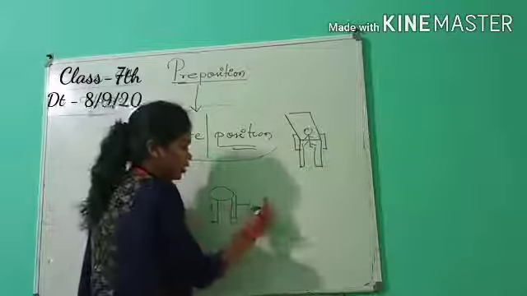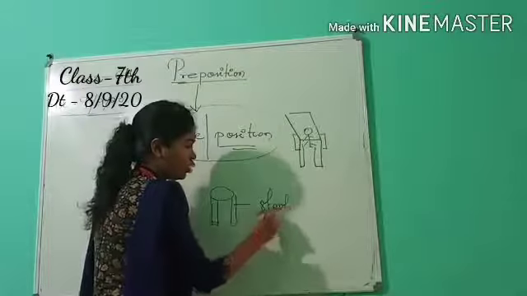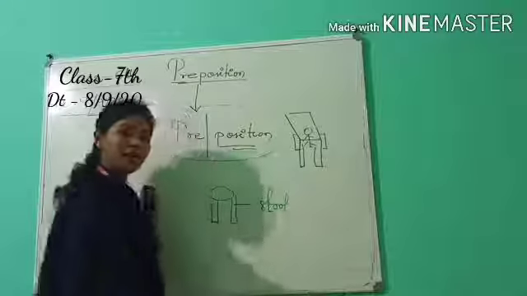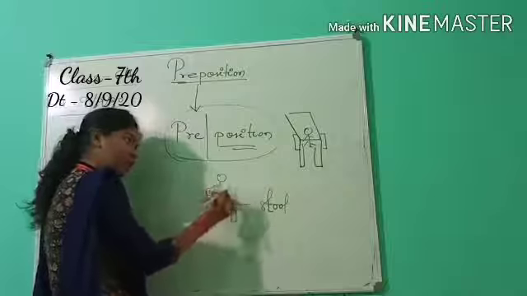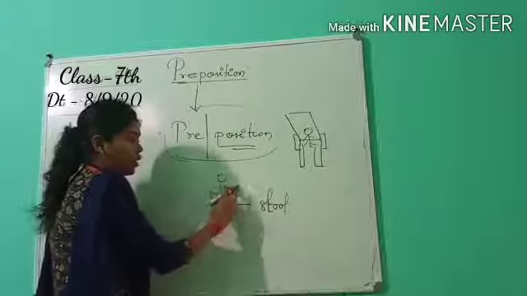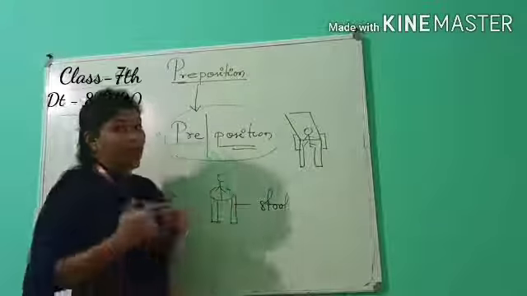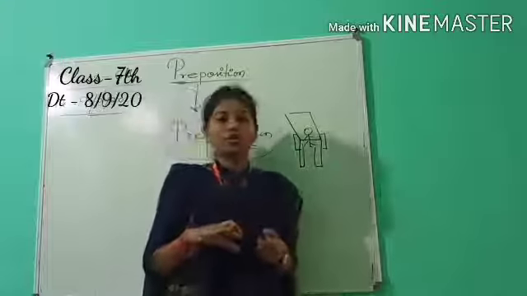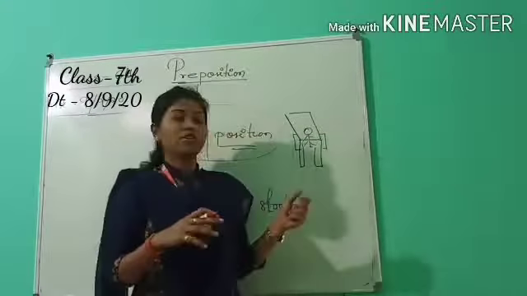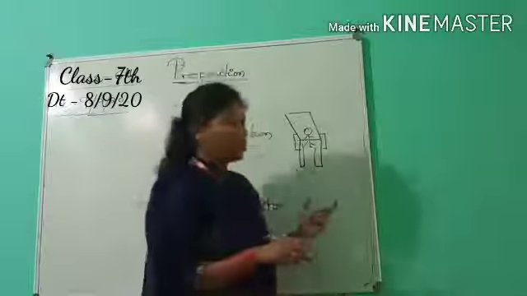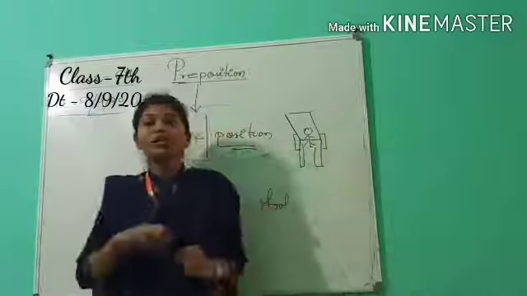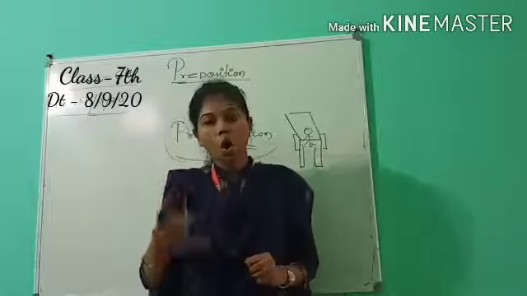A stool, or we can say a small table, right? If I'm sitting here, is there a handle here? No. There is no handle, so I can say that I am sitting on the chair. So for the chair which has handles, you will use in, and for the chair which does not have handles, we use on.